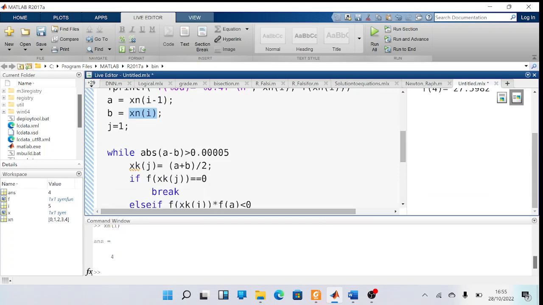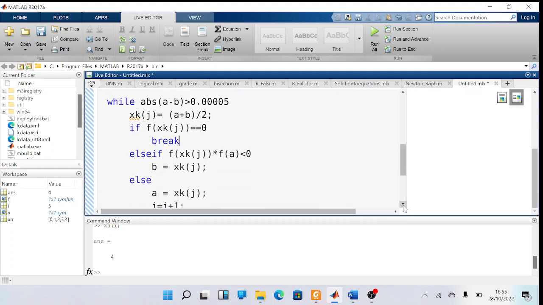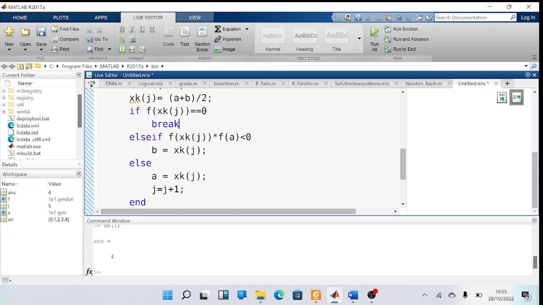Then xkj, this is now the iteration, xkj is equal to a plus b divided by 2. This is the bisection. Then we say if xkj is 0, then the correct root has been obtained, so we stop at that. If that is not the case, then we apply the intermediate value property to check whether the root lies between a and the value that we have computed here.